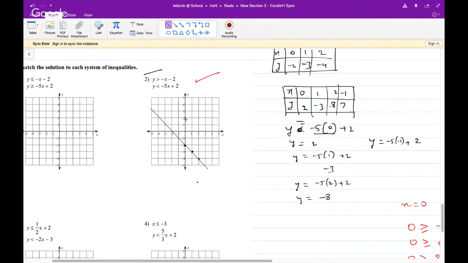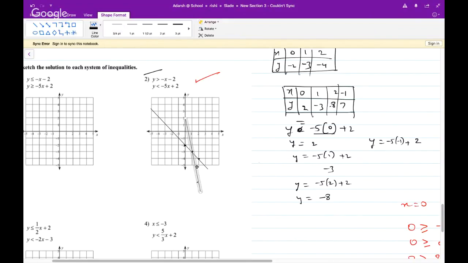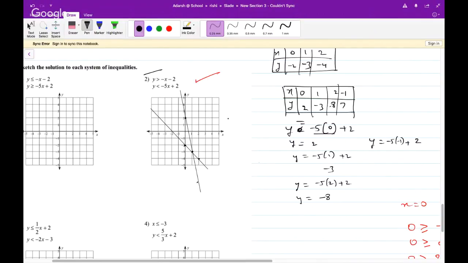You need exactly 2 points to plot. Now for both of them, we did not find the feasible region or the required region. And one more thing, it's only greater than symbol, so we are supposed to draw dotted lines.